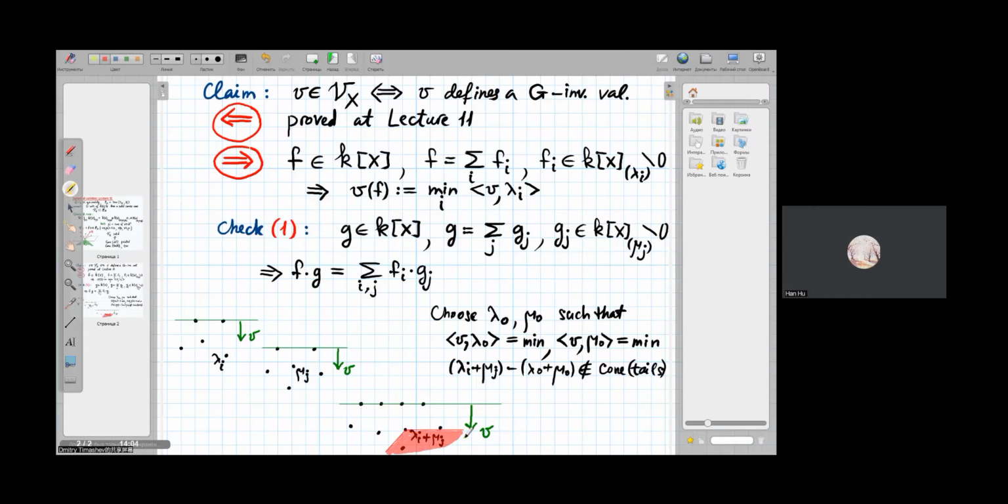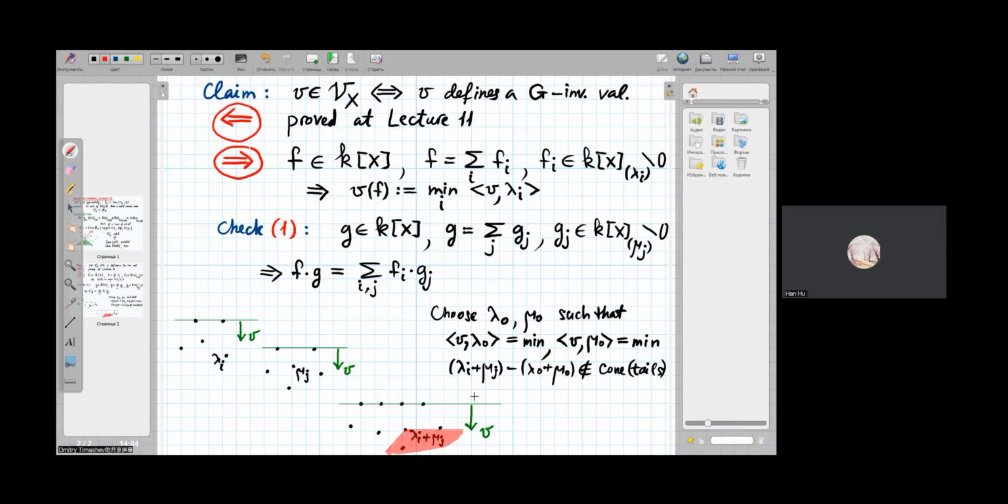And since this cone is pointed, you can easily choose such a pair of weights, lambda naught and mu naught, such that this pair of weights doesn't belong to this cone, with the vertex put at any other of these sums.